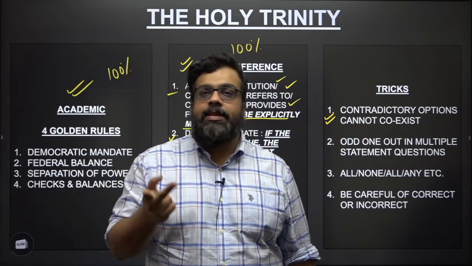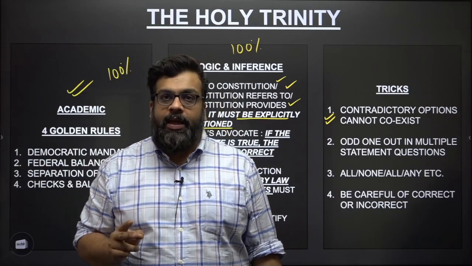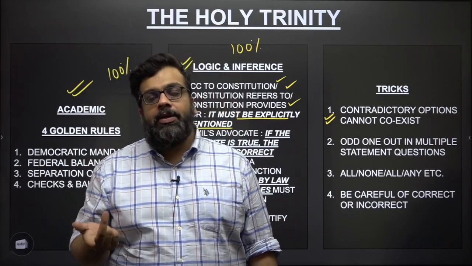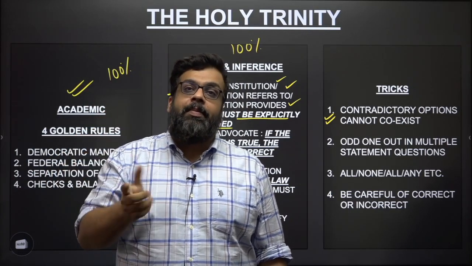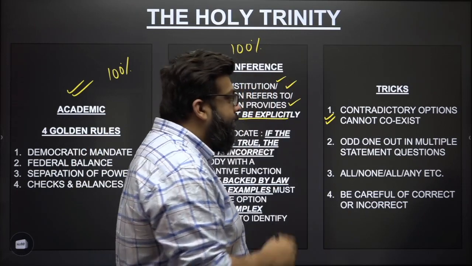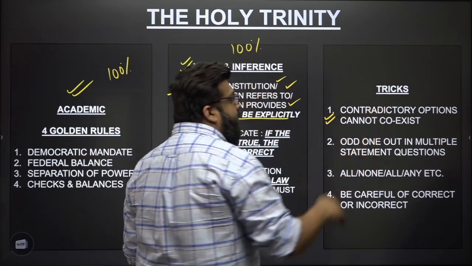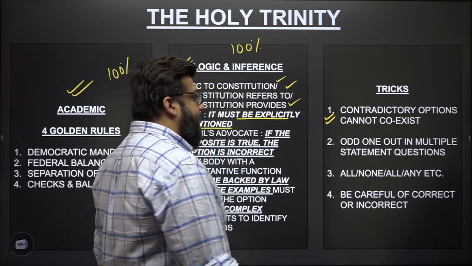Both of these statements cannot coexist at the same time. Never ever. So either statement 1 will be correct or statement 2 will be correct. At no point of time will both of them be correct. So it's very easy to eliminate with the more obvious choice. But this can assist you in arriving at an answer, may not necessarily guarantee you an answer.